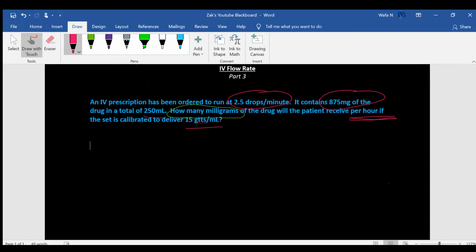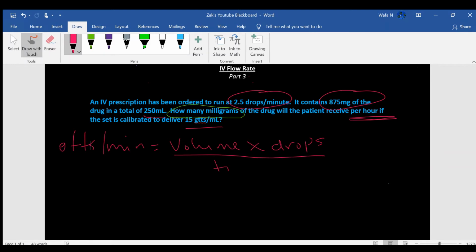So as we may have already been accustomed to, drops per minute equals volume in milliliters times drops per milliliter, divided by time in minutes.